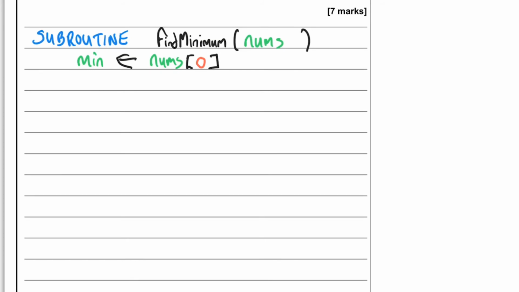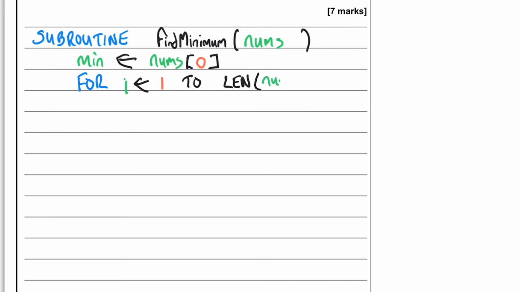Anyway, we know how to do a for loop. So for, and we're going to go from, let's use I for index. We don't need to start at 0 because we've already done 0. We'll start at position 1 and we'll go up to, if you remember, they were showing that earlier, the length of nums.